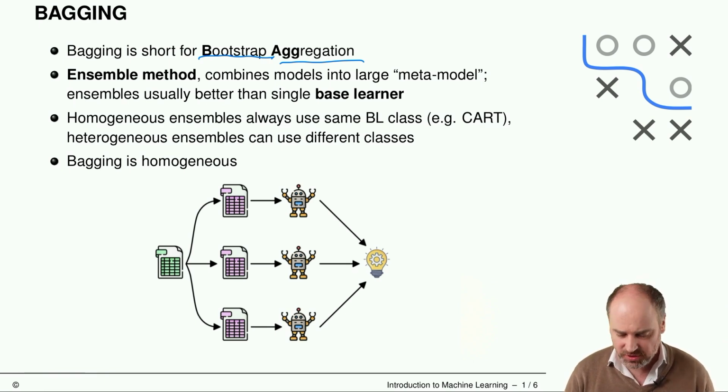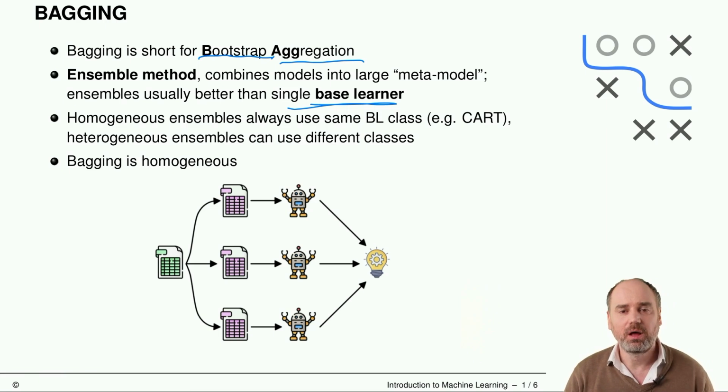Okay, and how that specifically works, I'll explain here for bagging, and we'll see multiple other instances of ensemble methods like boosting, like stacking, and so on in other parts of the lecture. The individual machine learning models that the ensemble is created from are usually called base learners, and they are so-called homogeneous ensembles that always use the same type of base learners.